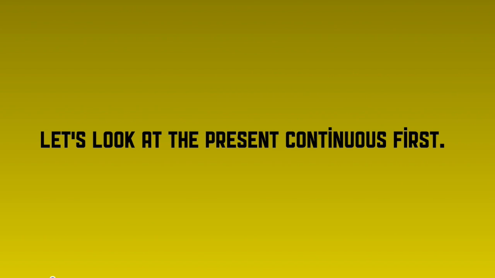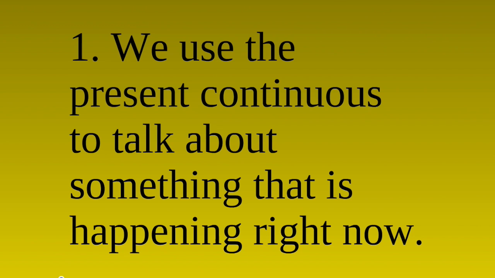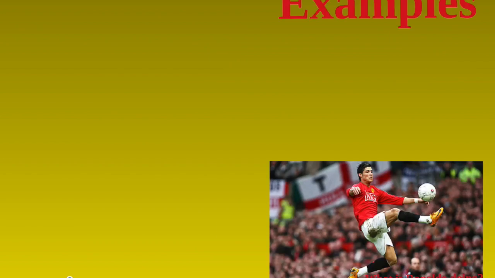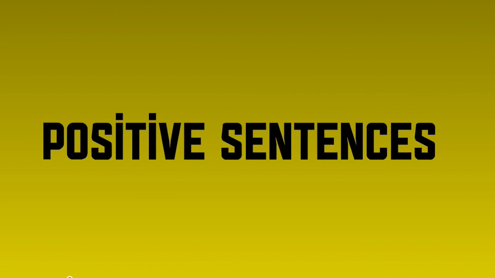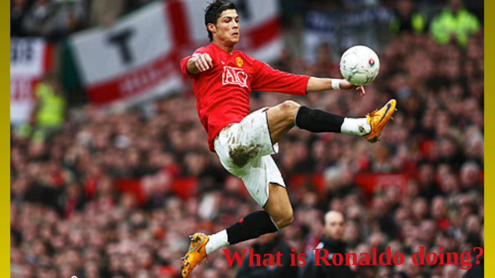Let's look at present continuous first. There are two ways we use present continuous. We use the present continuous to talk about something that's happening right now. Here are some positive sentences. What's Ronaldo doing?